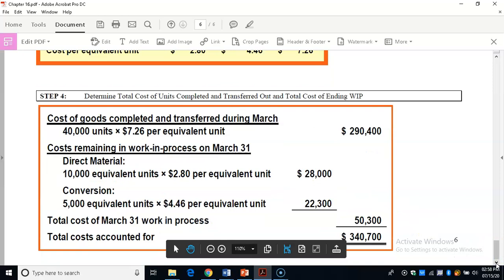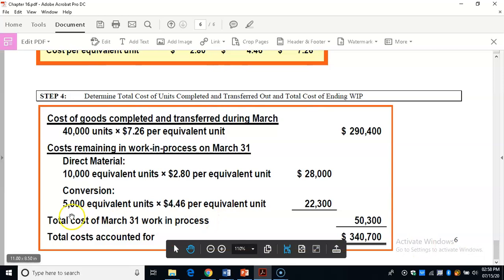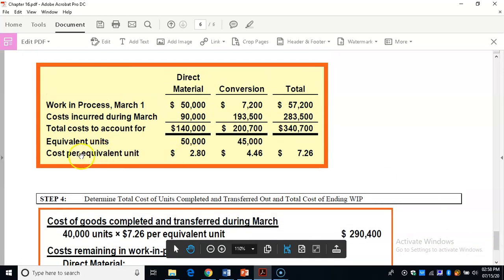And how many equivalent units for conversion cost did you have at the end? It was 5,000. And how much conversion cost goes into each unit? You can see here how much conversion cost goes into each unit. It's $4.46.